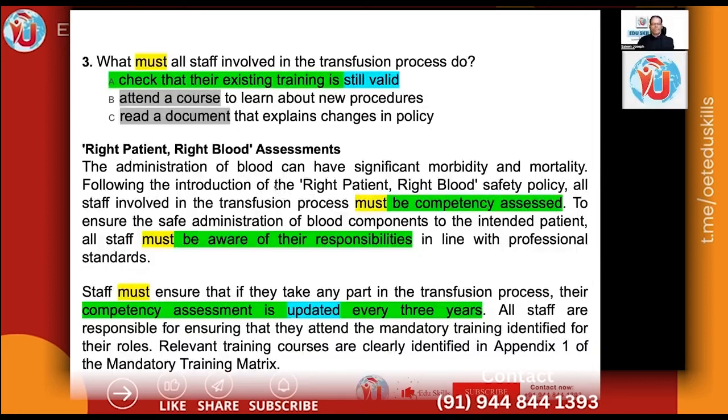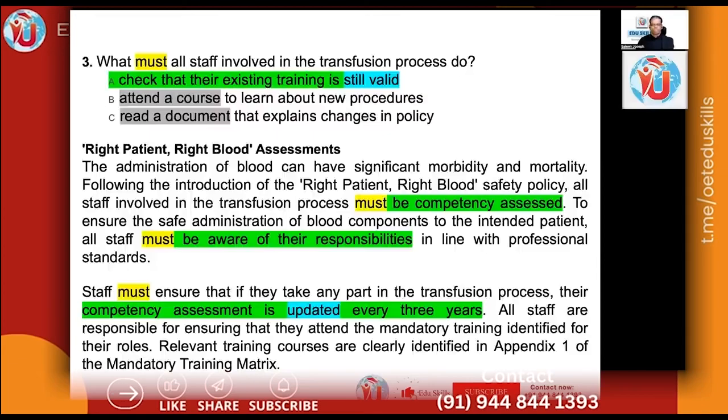Please read. Right patient, right blood assessments. The administration of blood can have significant morbidity and mortality. Following the introduction of the right patient, right blood and safety policy, all staff involved in the transfusion process must be competency assessed to ensure the safe administration of blood components to the intended patients.